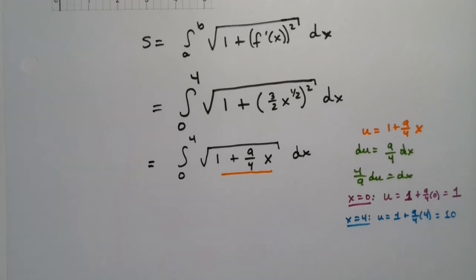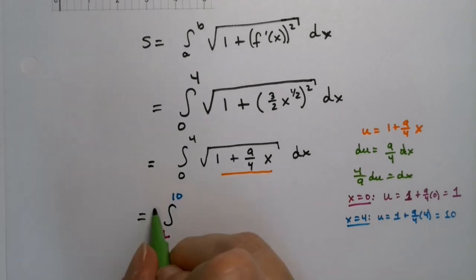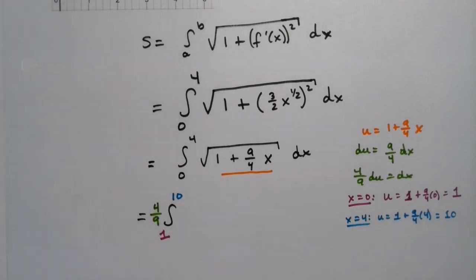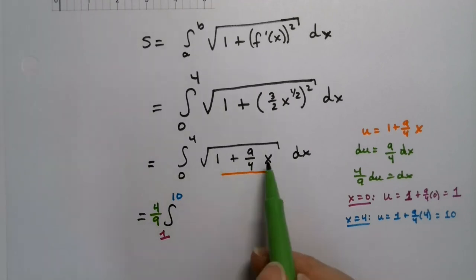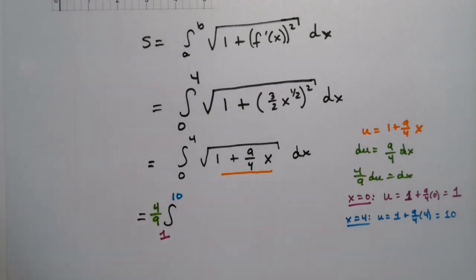So when I rewrite my integral with U substitution, I'll never need to go back to the 1 plus 9/4 x, because I'll just be able to say from 1 to 10. I have a 4/9 in front here because it's a constant, so I might as well just take it out. And then instead of the square root of 1 plus 9/4 x, it would just be the square root of u.